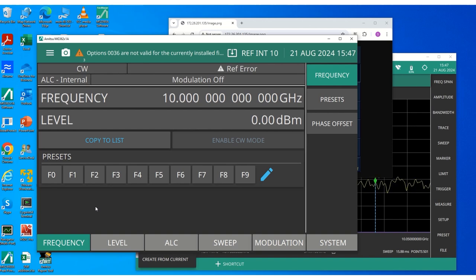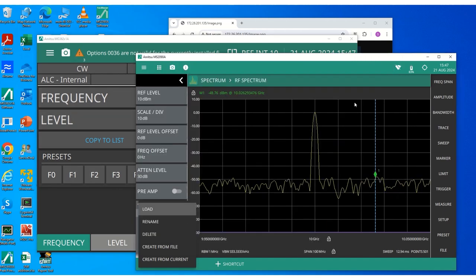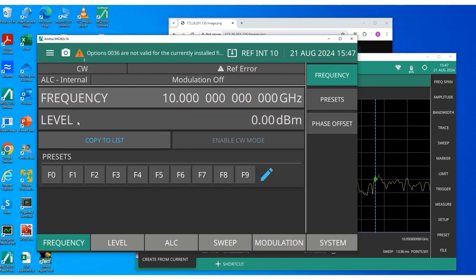Before that, we'll set the output frequency of Rubidium to 10 GHz and level to 0 dBm, and we can see the output here on the 2090 spectrum analyzer at 10 gigahertz and 0 dBm. So having set the frequency and the level, we'll move on to the modulation section.